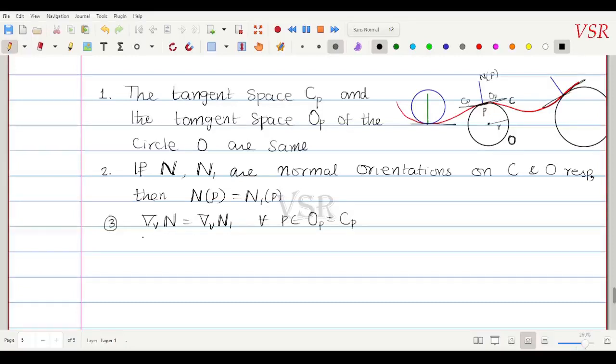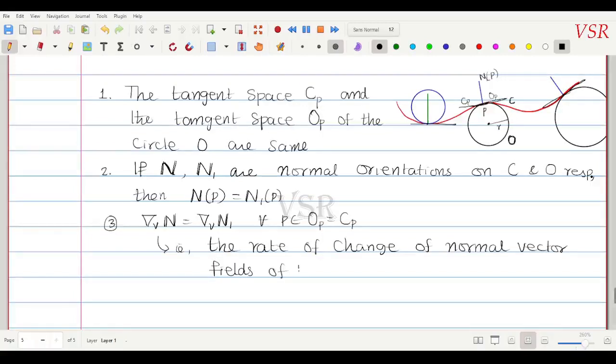I have explained this when teaching: del v is the rate of change of the normal vector field. The normal vector field N1 and the normal vector field N.